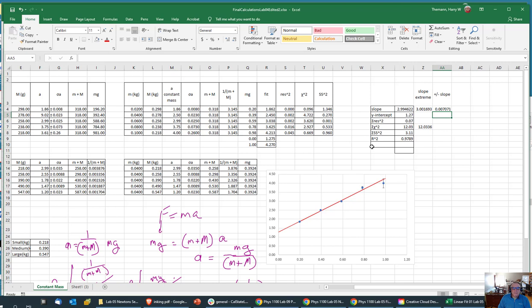So now let's put our percent error on the slope. That's going to equal the plus minus divided by the slope, times 100. Okay, 0.23%. That's quite a small error bar.